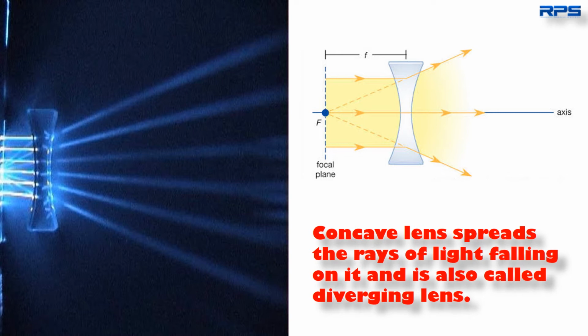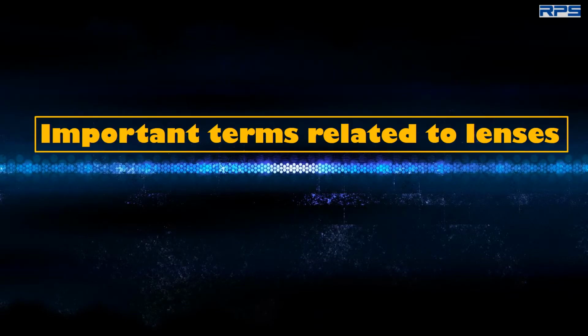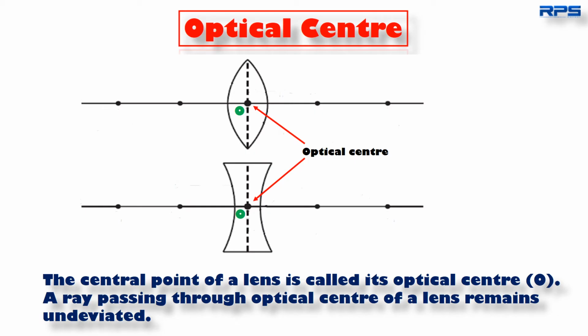Let us study some important terms related to lenses. Optical center. The central point of a lens is called its optical center. It is denoted with the letter capital O. A ray of light passing through optical center of a lens remains undeviated.